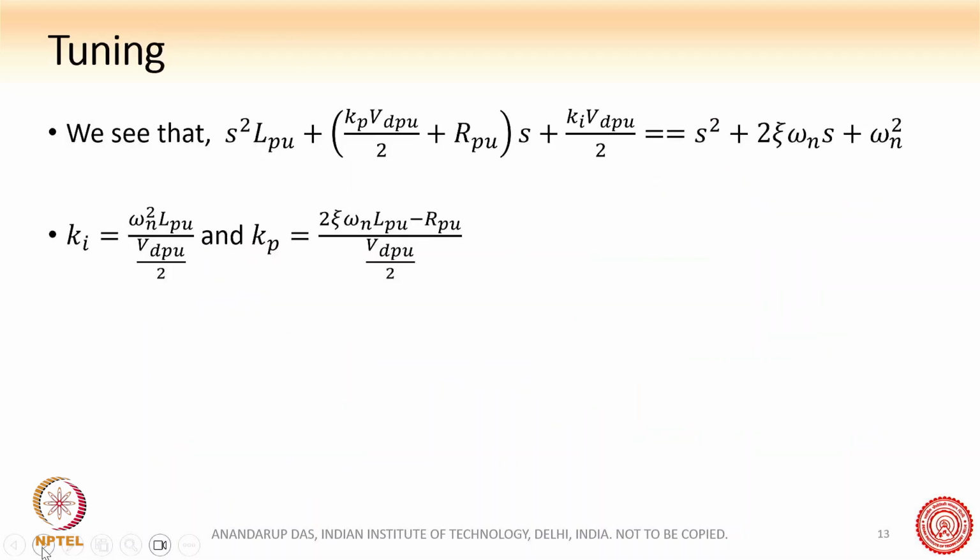So we know this, which I have written here, and depending on what type of performance we would like, for example, how much the settling time is and how much the overshoot is, these can all be controlled by analyzing this second order transfer function, which is very well recorded and given in textbooks of control systems. And these are the corresponding Ki and Kp values which can be used.